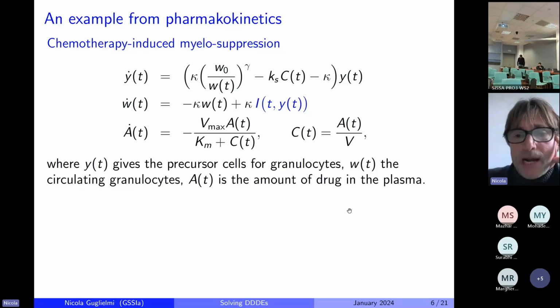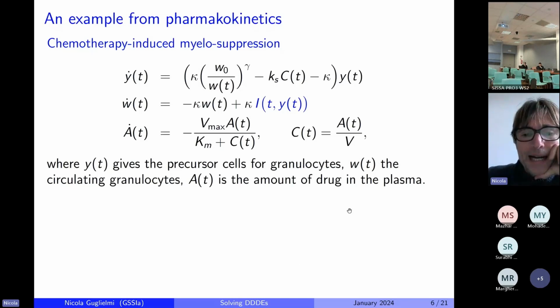So A is the drug, which obeys a differential equation which could be solved independently from the others. And then you have the precursors of the granulocytes and the circulating granulocytes that are modeled in this model in the human body.